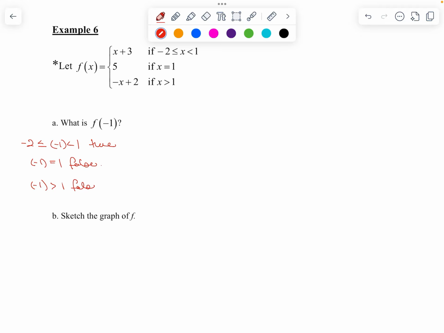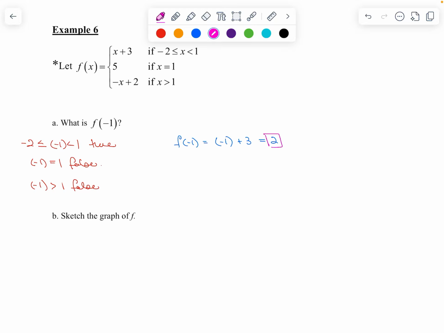Again, another false statement. So the only time it's true is for this if statement, which means I'm plugging into this formula. So f at negative 1 is equal to negative 1 plus 3, and so we have 2.